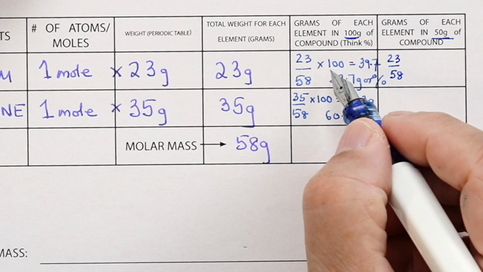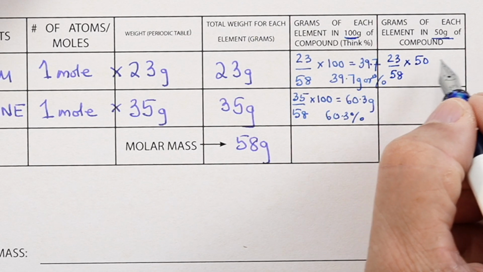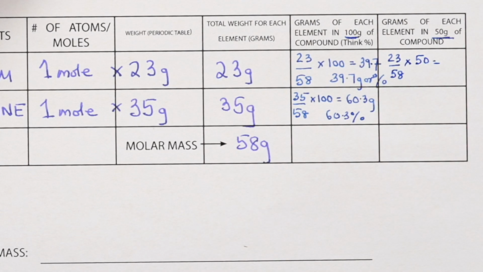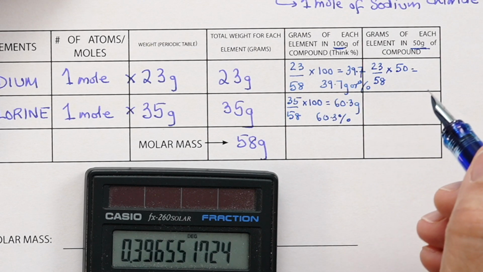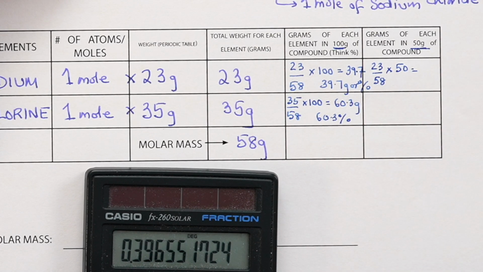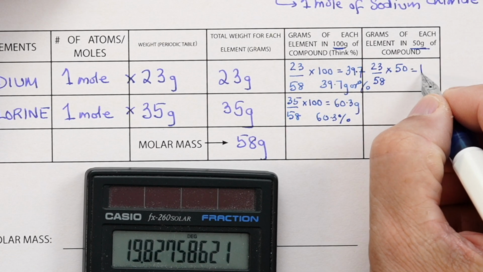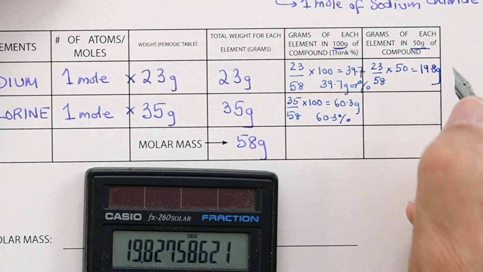But this time, instead of multiplying by 100, we multiply by 50. Okay, and that, so let me plug that in so we can do it together. So 23 divided by 58 is 0.39, so 0.4 roughly. Okay, so we've got that number, and you multiply that number by 50, and that equals 19.8 grams. So 19.8 grams is sodium.